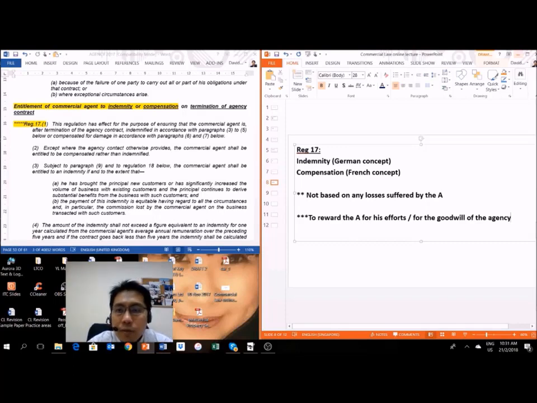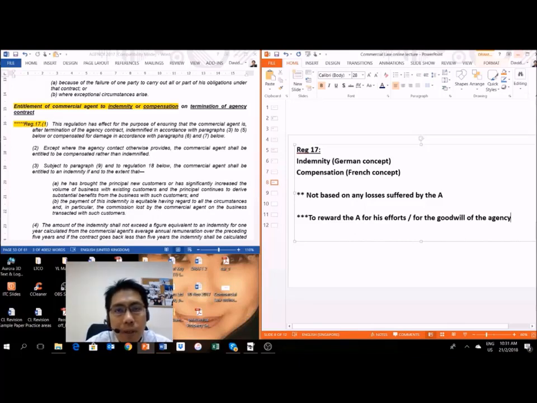In other words, it is to recognize all the past efforts that the agent has put in and to give him now an amount. I suppose one way for us to understand this would be like a bonus, in that as an employee, you work very hard, and although this is not something you might be contractually entitled to, based on your performance, the company can declare a bonus, right?